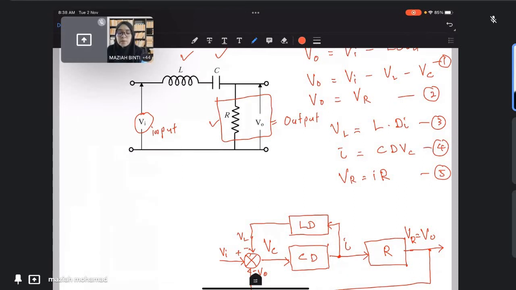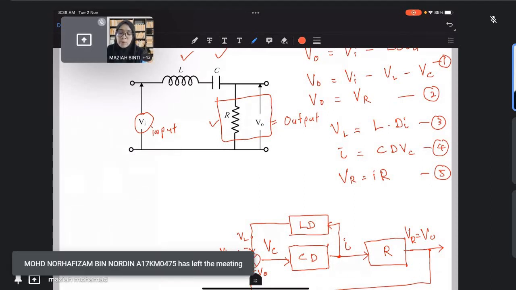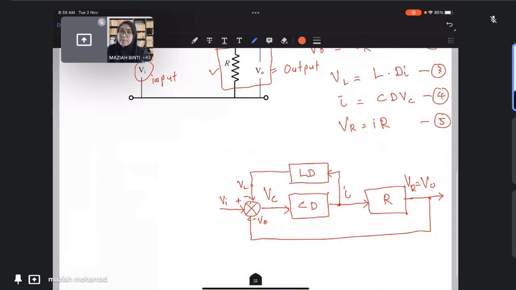So the analysis for the circuit will be based on the Kirchhoff law. All right, so that's all the equations for the system in the first part. The first part is we learn how to draw a block diagram for any given dynamic system.